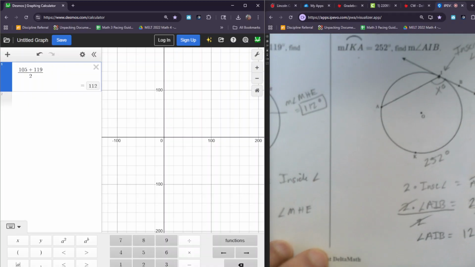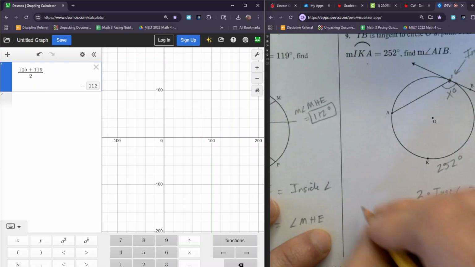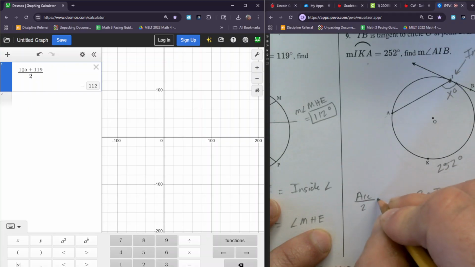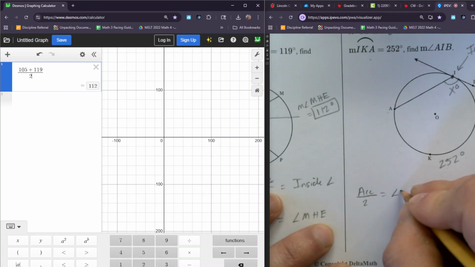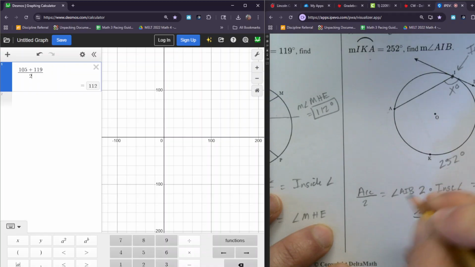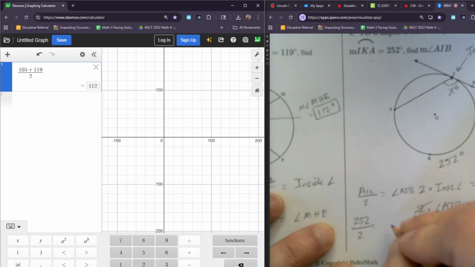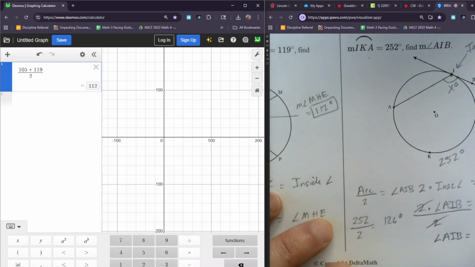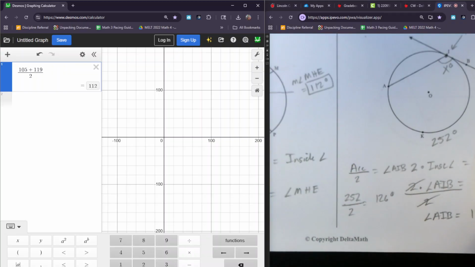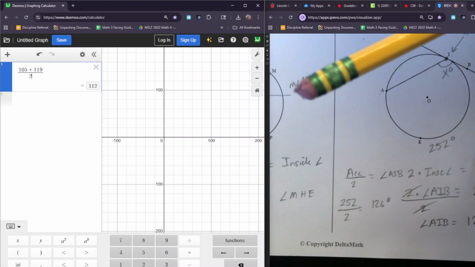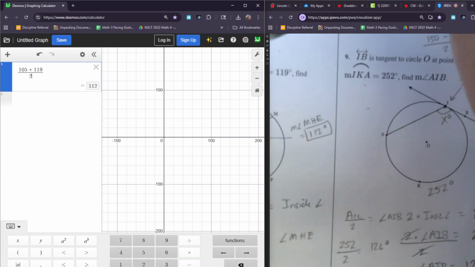Now you could have done the arc divided by 2 is equal to the angle AIB. You could have done 252 divided by 2, and that would have given you 126. Either way you want to do it doesn't really matter. Just know what your formula is.